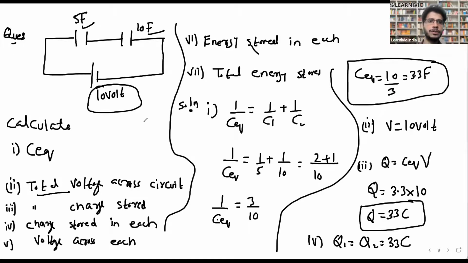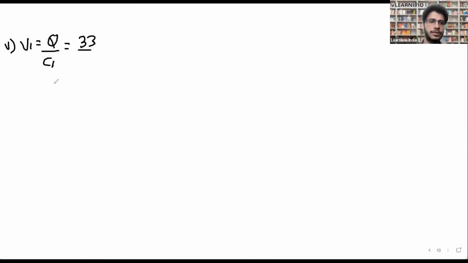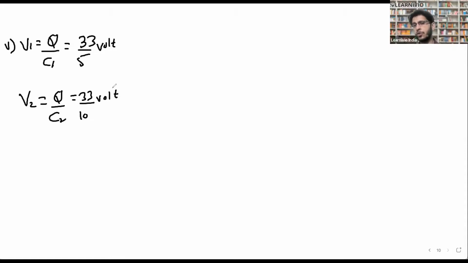What is C1? C1 is 5. And this is C2. So that's 33 by 5. Good. Similarly, I can write V2. V2 is Q by C2. It's 33 by 10. So this is how we can calculate voltage across each capacitor. V1 is Q by C1, 33 by 5. V2 is Q by C2, 33 by 10.